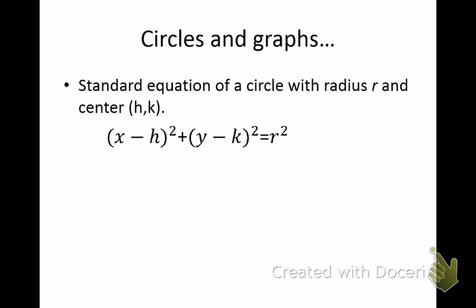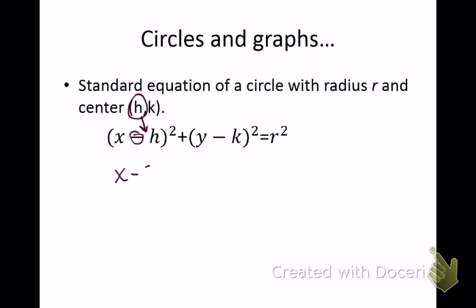H and k are your coordinates for the center, and because the distance formula says you have to subtract the x's and subtract the y's, notice that from the coordinate to placing it in the equation of a circle, the sign changes. You get this minus, right? So if h were 2, you get x minus 2.